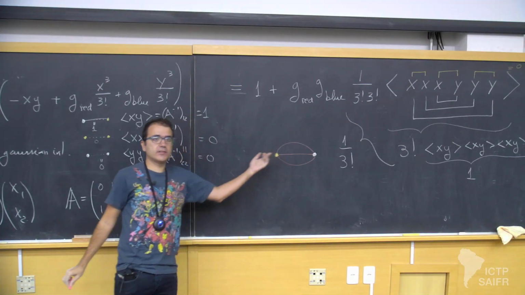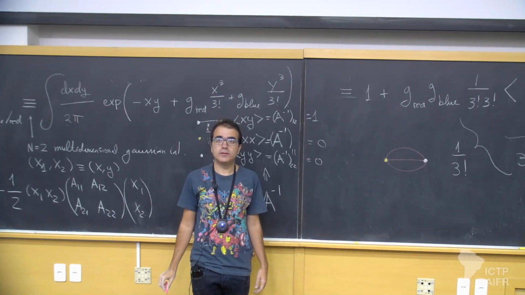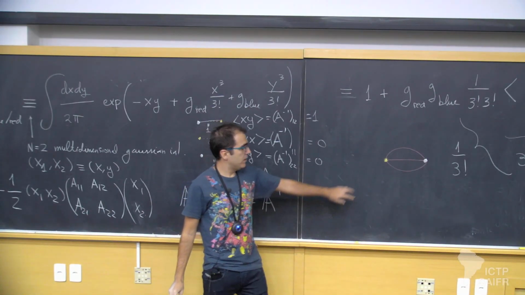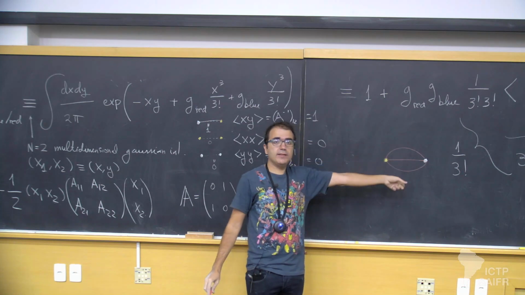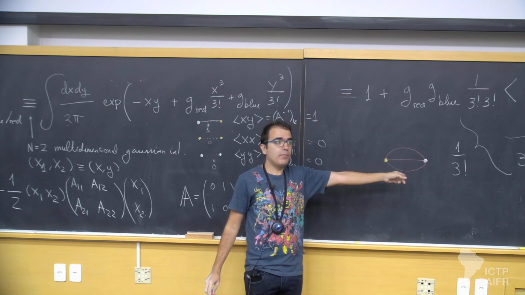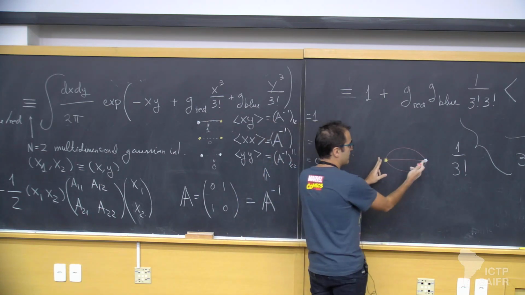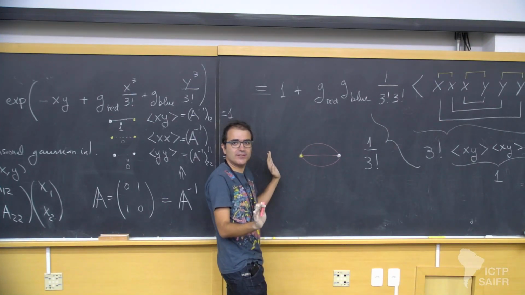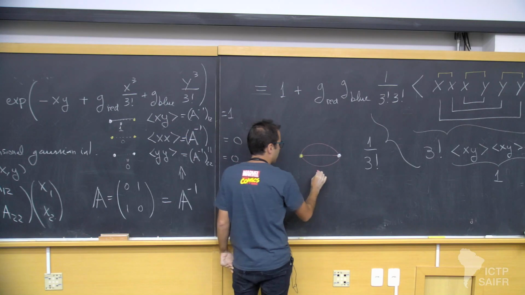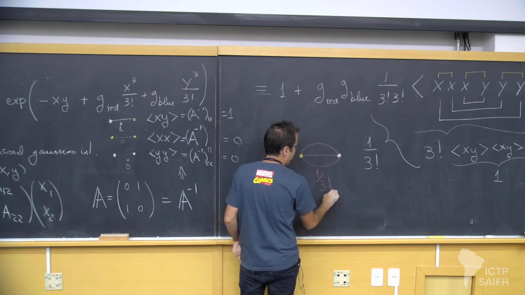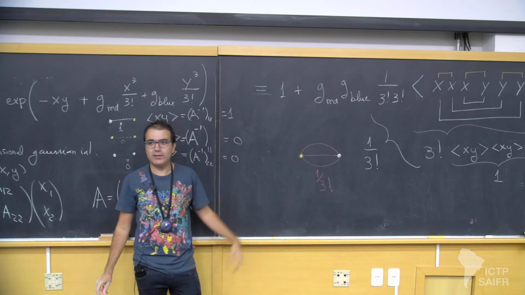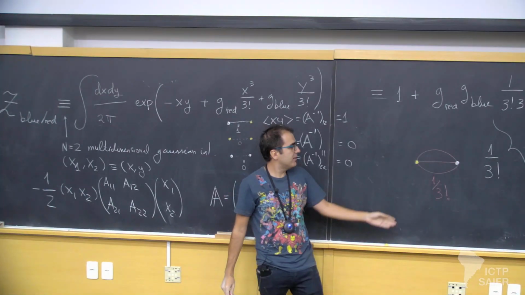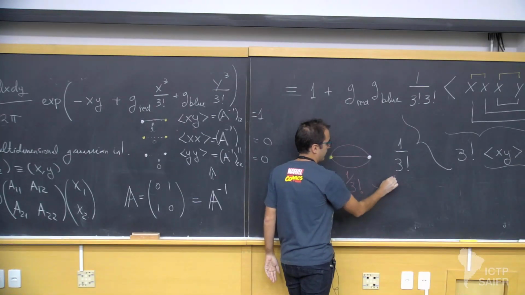What symmetry factor should I put here? 3 factorial for permuting the lines. And someone is saying 2, but should he say 2? No, because they are not indistinguishable now. So now just 1 over 3 factorial. In the beginning of the lecture, there was an extra 2, not now. And indeed, we get 1 over 3 factorial.